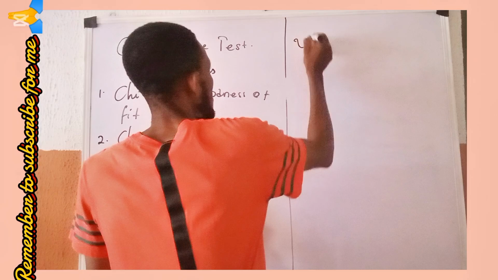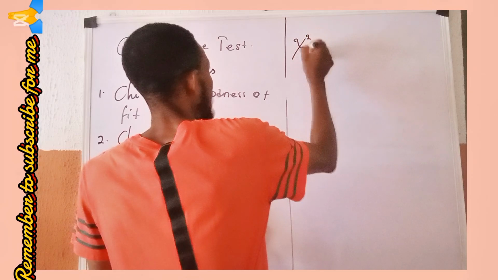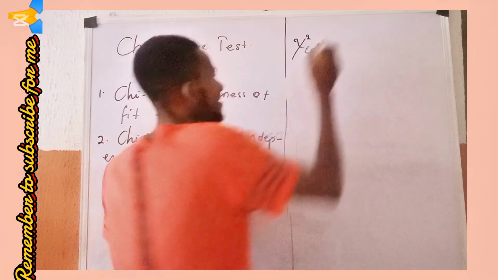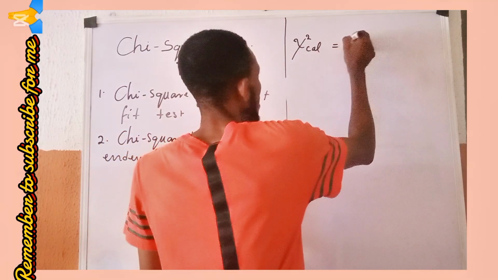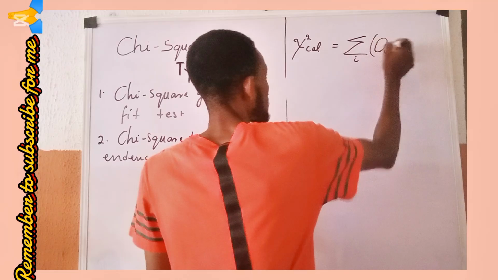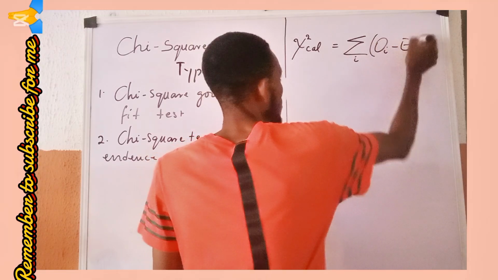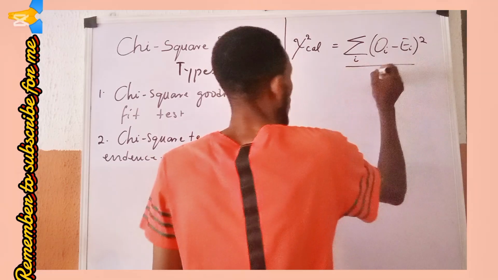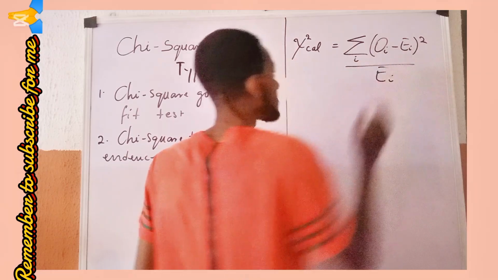Chi-square, which we are calling chi-square calculated, and we write it chi-square cal, is given as the sum over i of O subscript i minus E subscript i all raised to power 2 all over E subscript i.